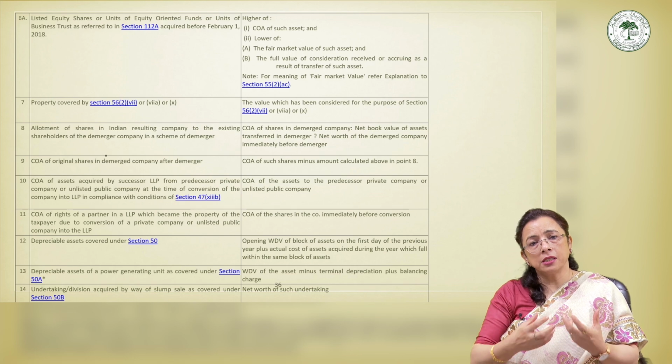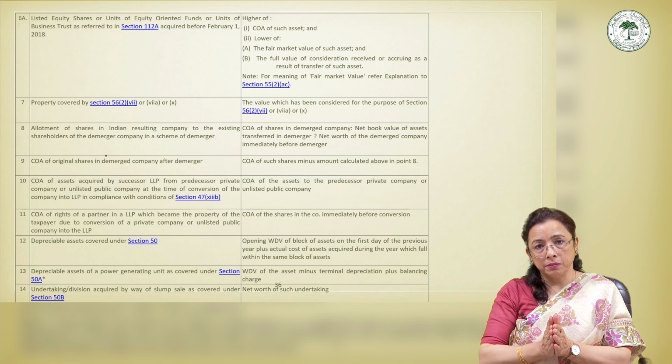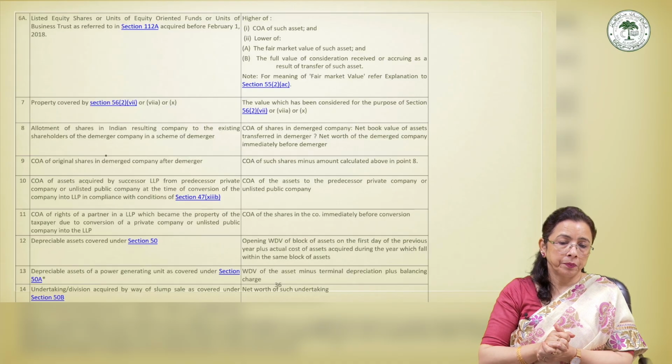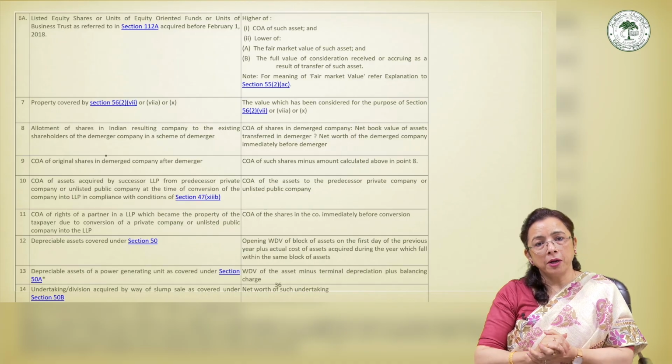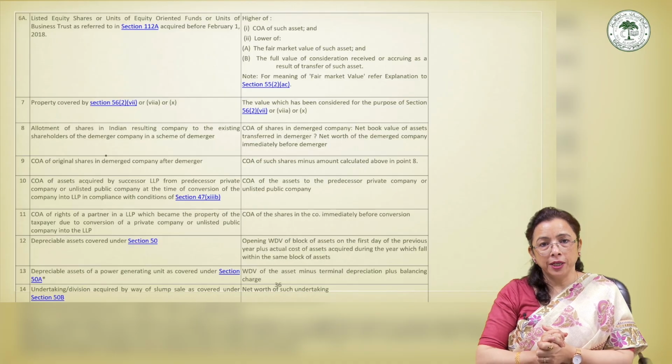It is always convenient when we take it as a lump sum thing and then continue with the transaction. I hope this is clear. So, that is all about our COA and the notional COAs that are to be taken into consideration.